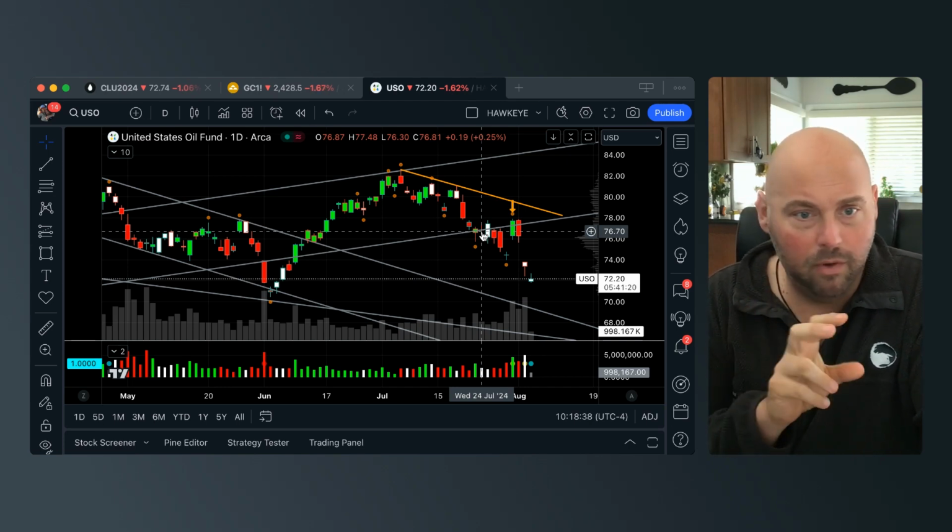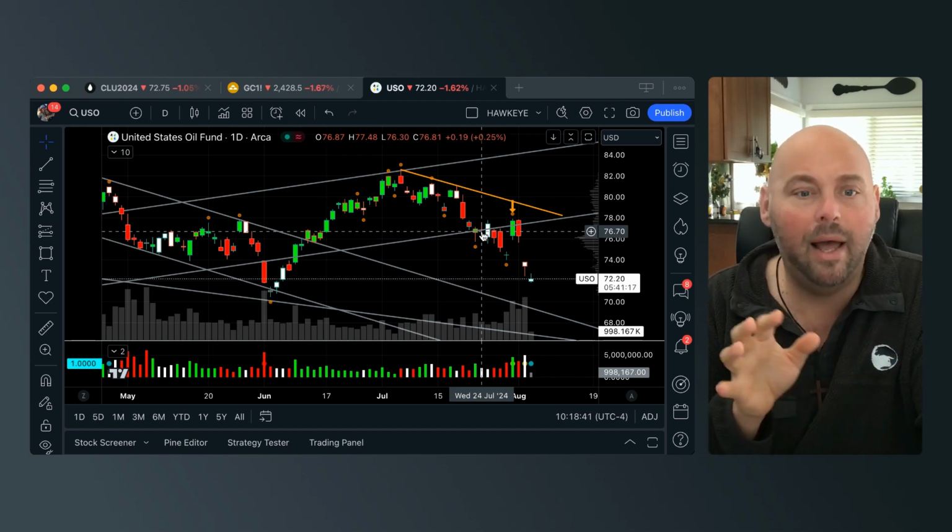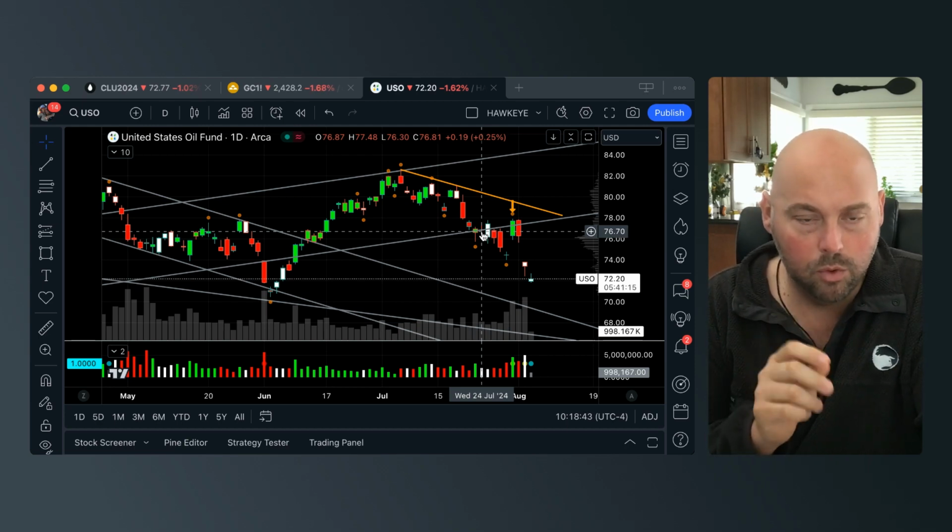Understanding the interaction between volume and price action supersedes all the lagging indicators that you have on your trading chart.